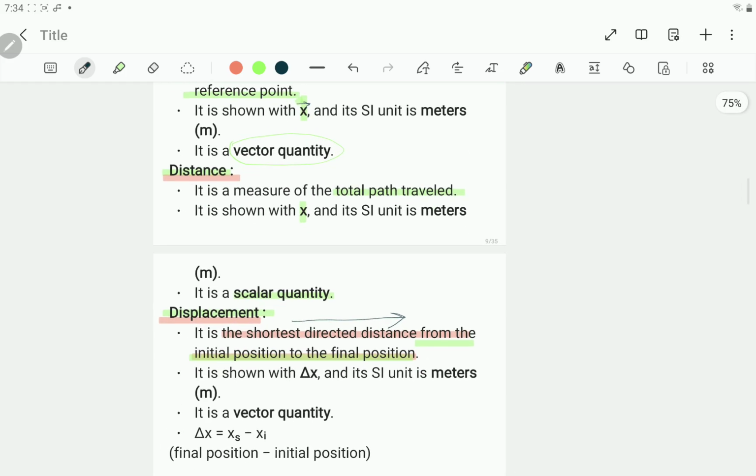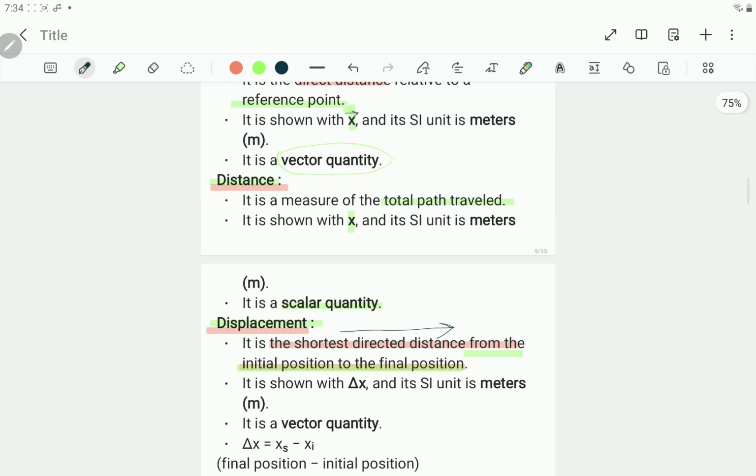So distance can be wiggly wobbly, but this is distance, but displacement is the direct line. This is displacement.